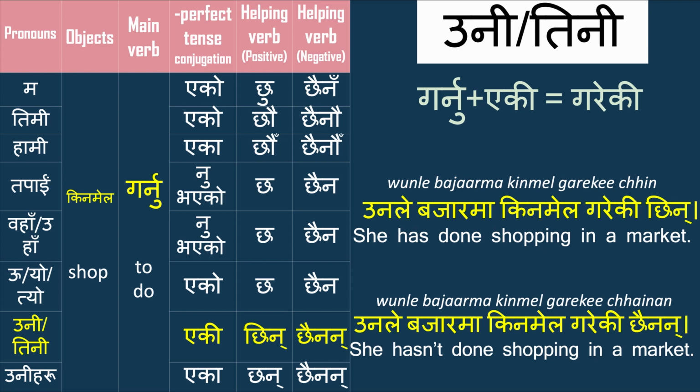Here किनमेल गर्नु is a transitive verb, so we are adding le to uni. So uni plus le, unle. Again I repeat, if you are confused why kinmel garnu is transitive, you can ask the question: what? It might be vegetables, tarkari, fruits, falful, or clothes, luga.